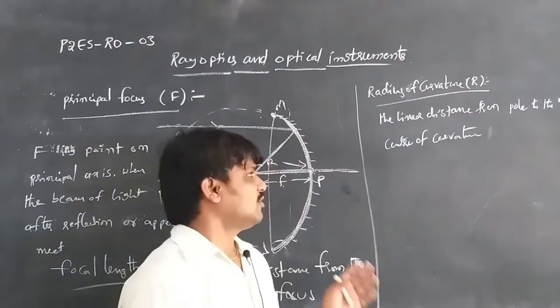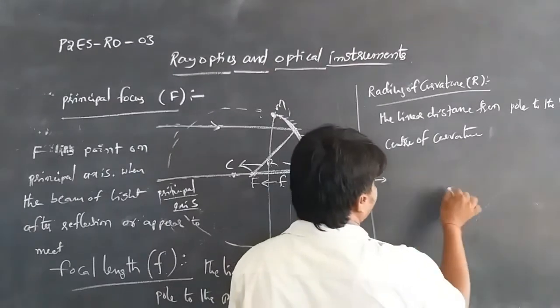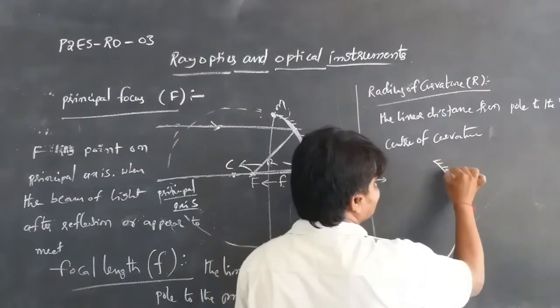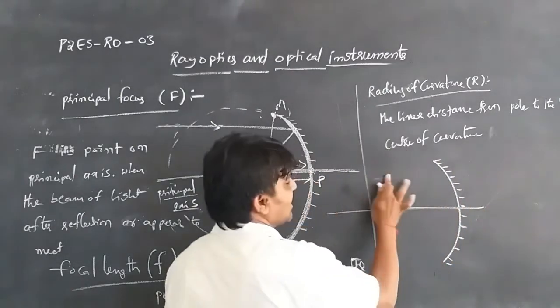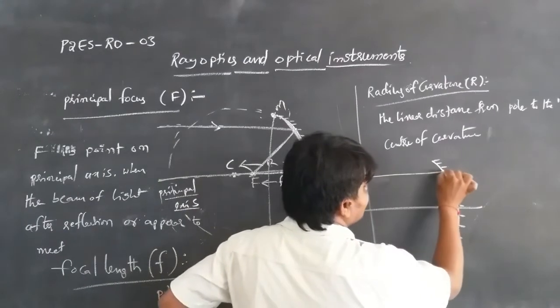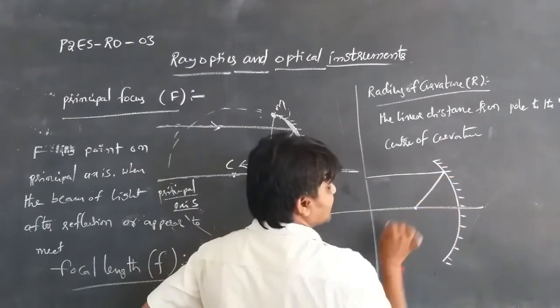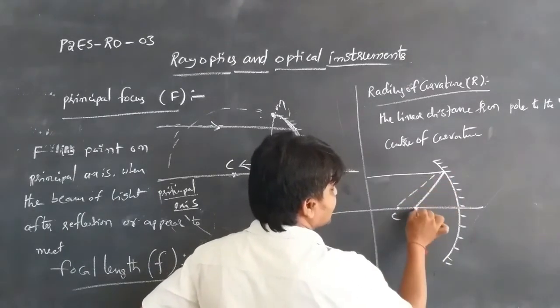We should also know that in the case of a concave mirror, when light is incident on the concave mirror, this is the principal focus, and the light rays will be converged. This is the center and this is the principal focus.